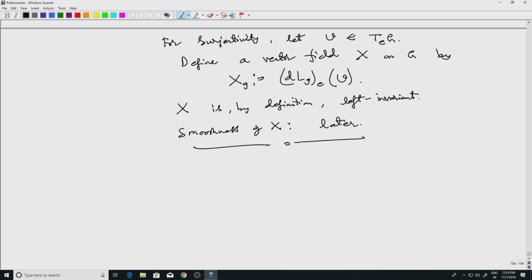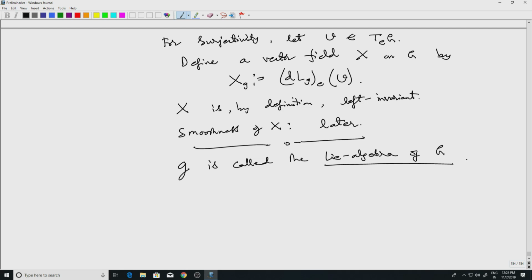By the way, I forgot to mention that this space, little g, is called the Lie algebra of G. So far it is just a vector space, but it has a crucial additional algebraic operation on it called the Lie bracket, which I will talk about shortly.